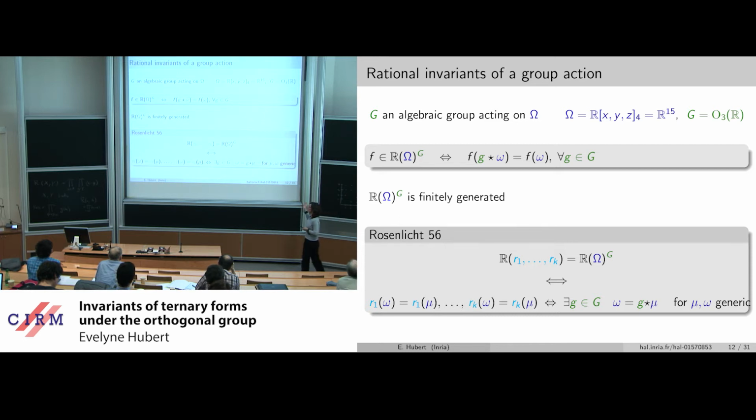So for most omega and mu, they are on the same orbit, equivalent, if and only if the rational generating set of invariants agree.